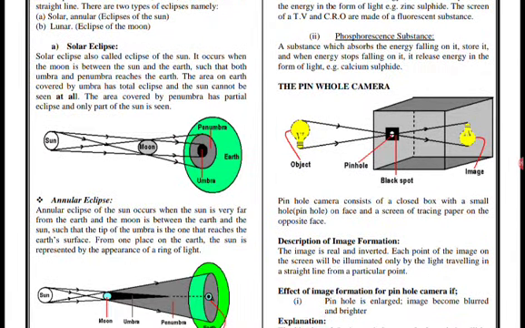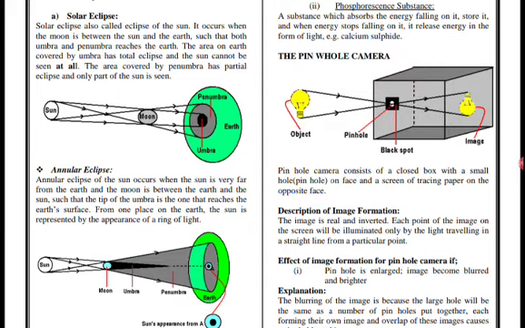Then we have our last application of rectilinear propagation of light, and that is the pinhole camera. Look at that diagram very well. You observe we have an object, that is a light, I think it's a bulb. We have a hole which is called the pinhole, then it is darkened, then we have the image.